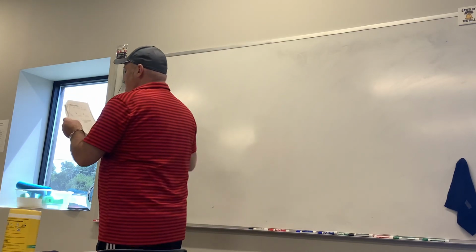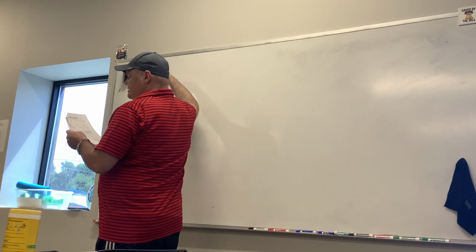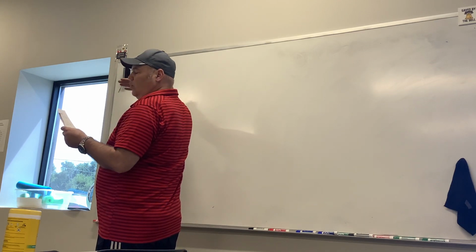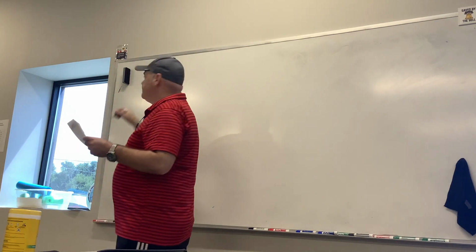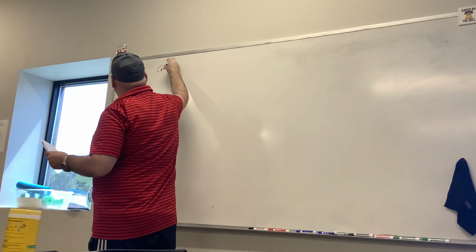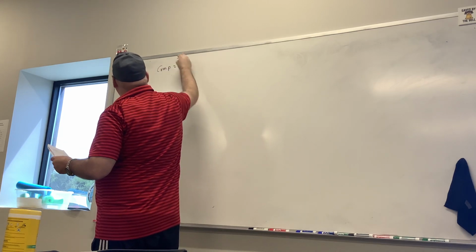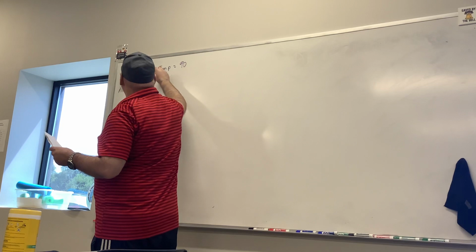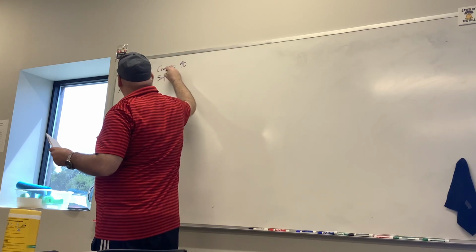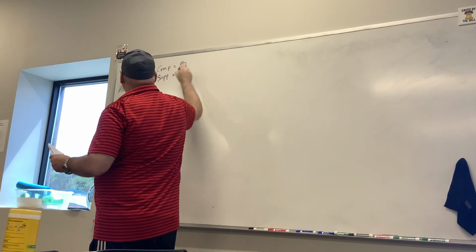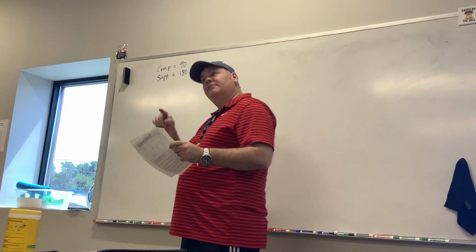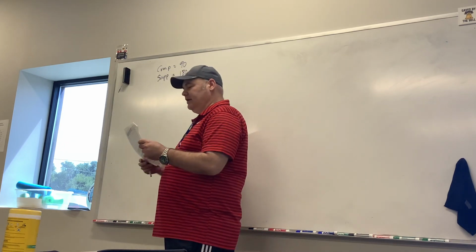So this says each pair of angles is either complementary or supplementary. If they're complementary, they add up to 90. That's knowledge we're going to use. And if they're supplementary, then they add up to 180. C before S, 90 before 180.